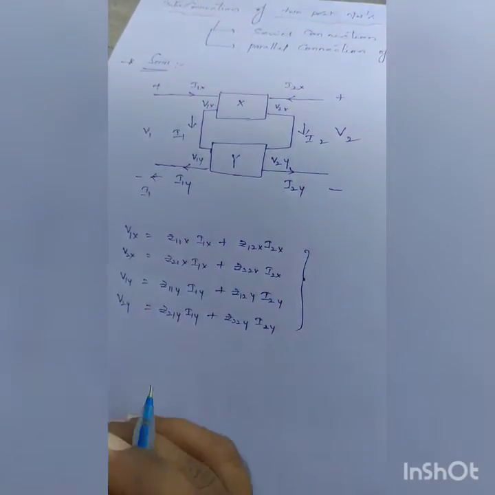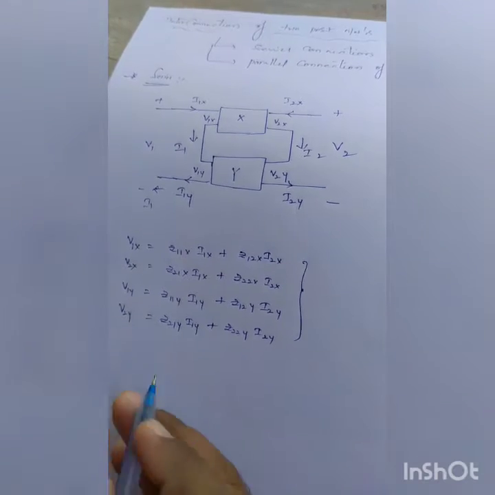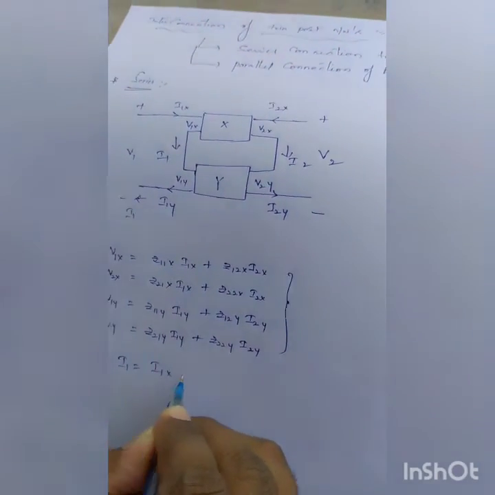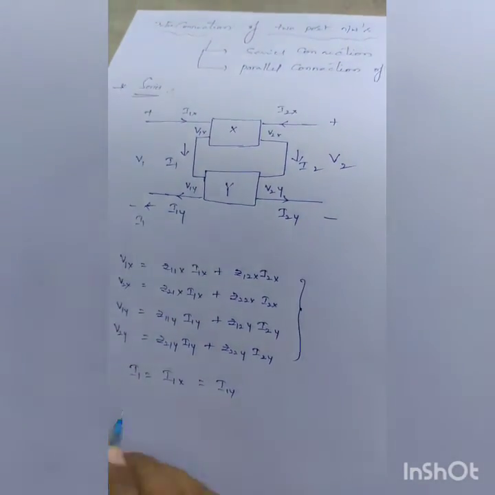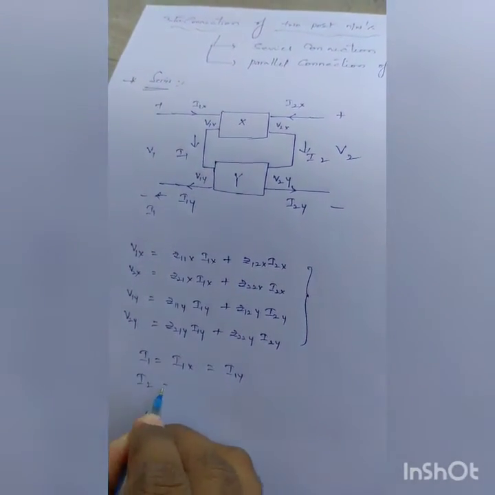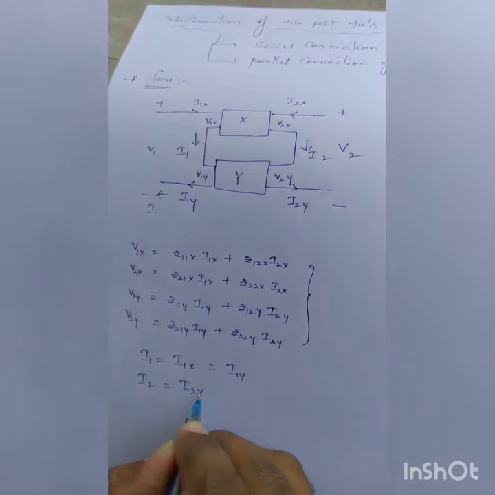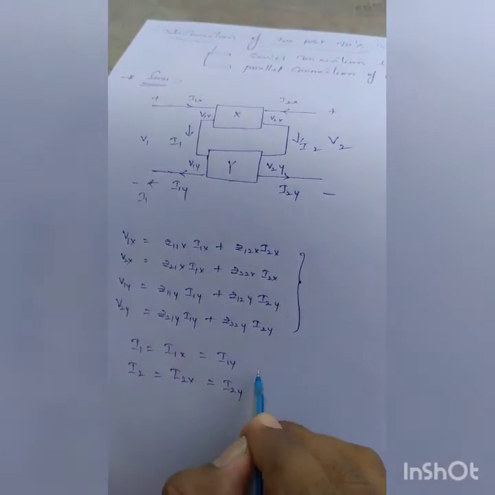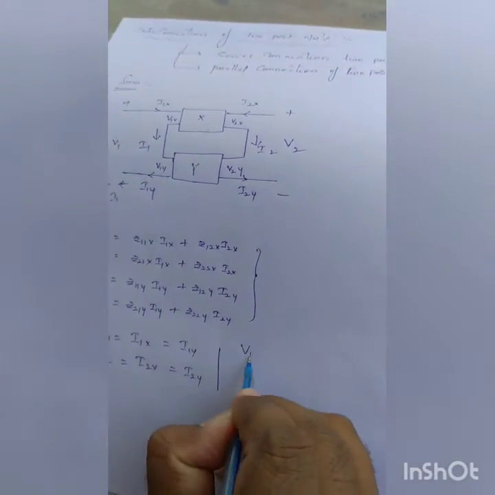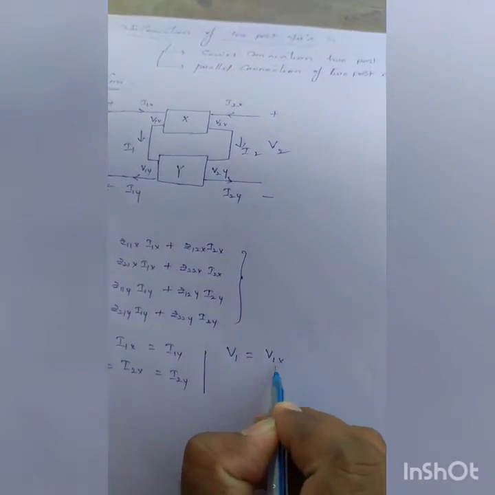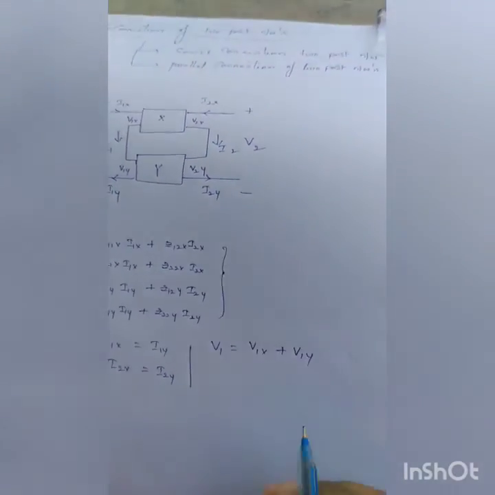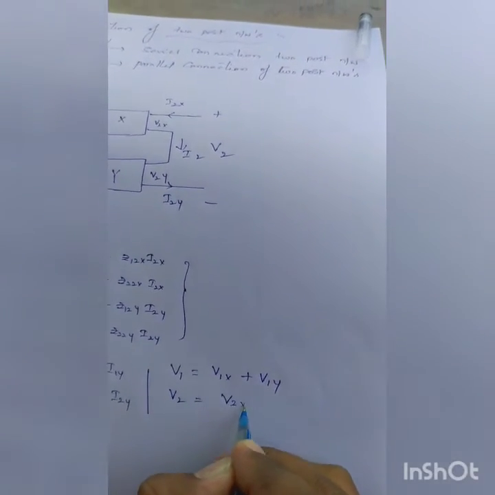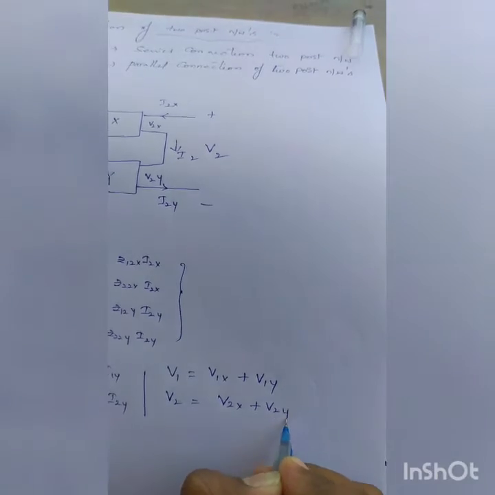Now from the interconnection of the networks, it is clear that I1 is equal to I1x is equal to I1y. Same as I2 is equal to I2x is equal to I2y. And for the voltages, V1 is equal to V1x plus V1y, and V2 is equal to V2x plus V2y.